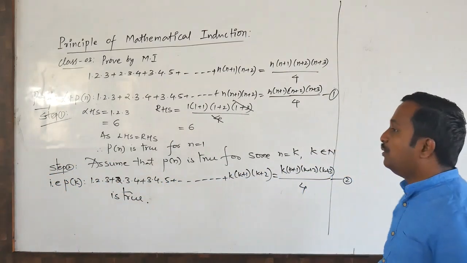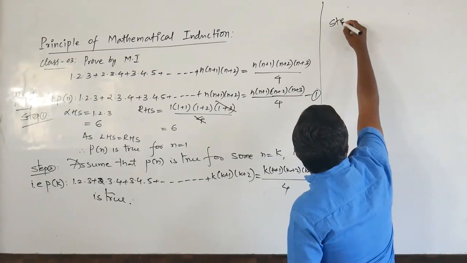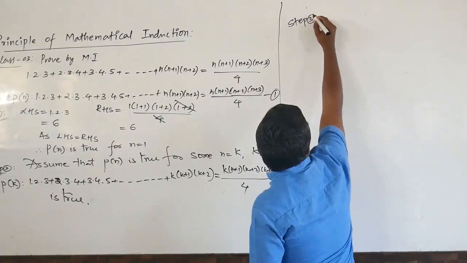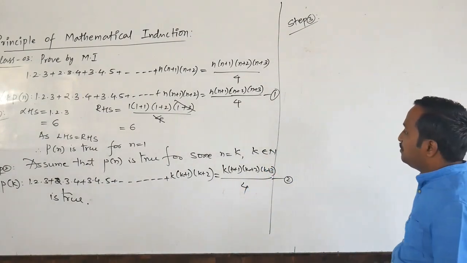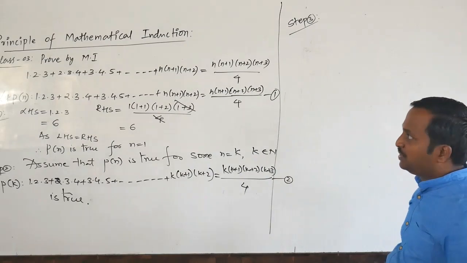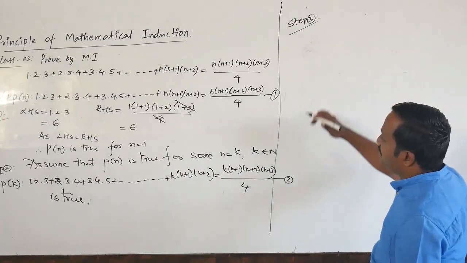Now what do we have to do? Step 3 is very important. I am again saying that step 3, you will get some idea by now. Just look at this.